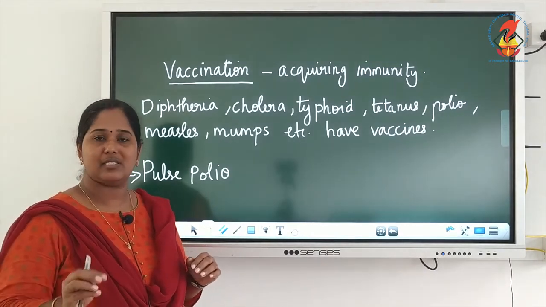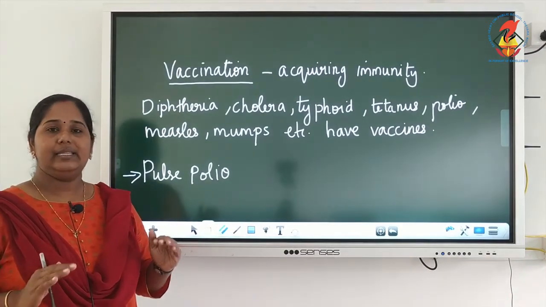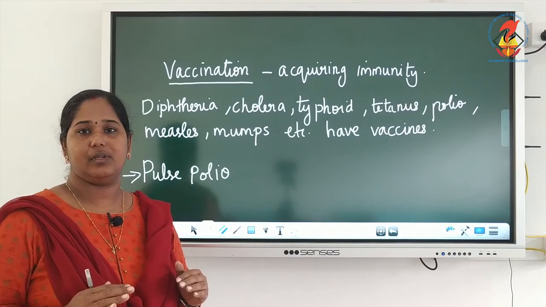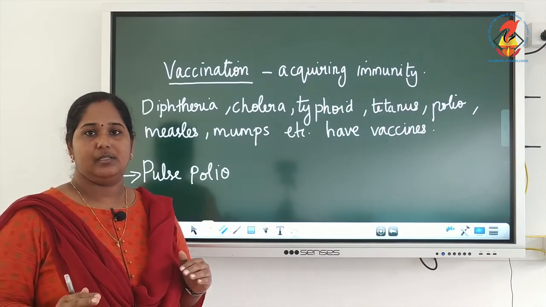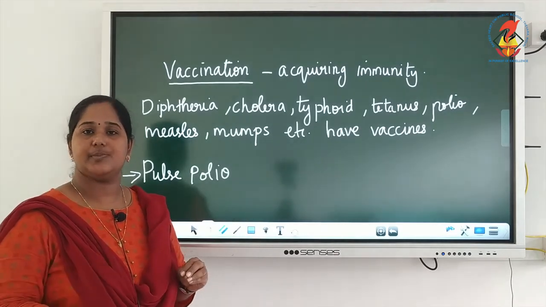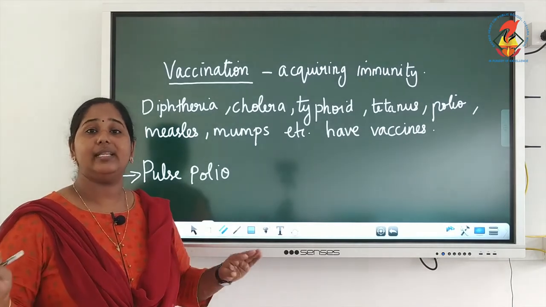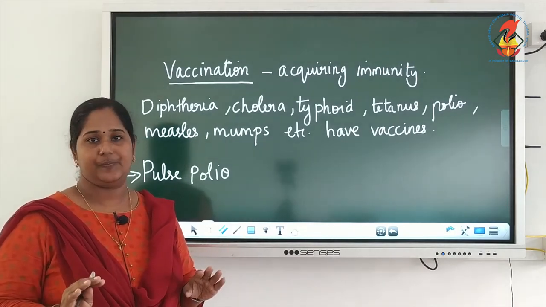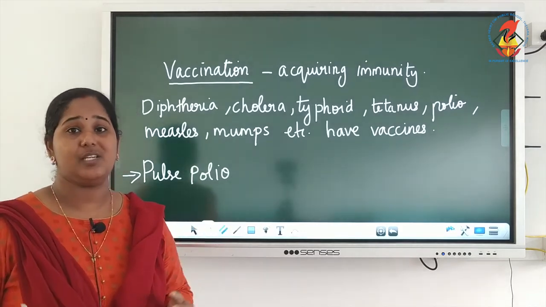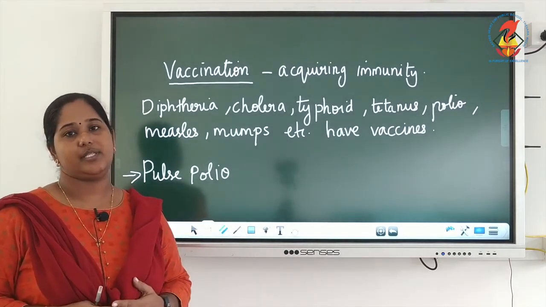Actually, it is not a vaccine, it is drops, but it is called polio vaccine. And they succeeded in removing this disease from here. That means all the children under the age of 5 were given this polio medicine or polio drops, and the disease could be completely thrown away from our place. So vaccination is a much better way to get immunity or to resist a communicable disease.